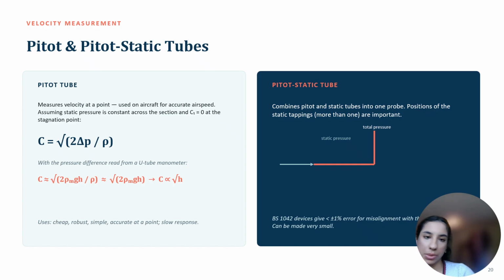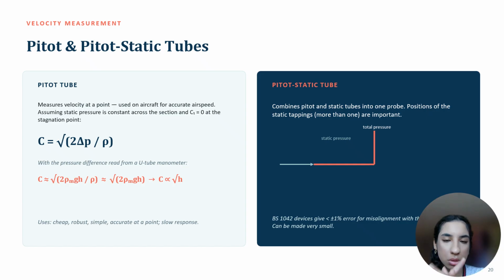So pitot tubes are actually used in airplanes or aircraft to calculate the actual airspeed. Now, how does it do it? We first have to assume again that static pressure is constant.